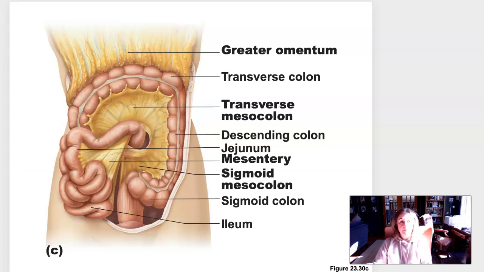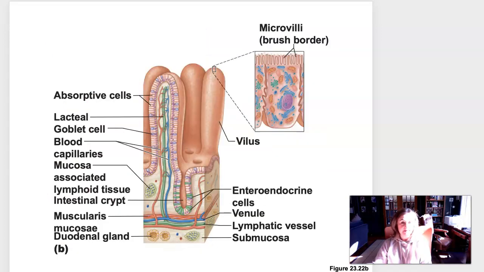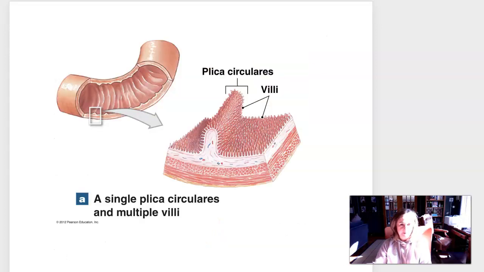So let's leave the small intestine in general and take a closer look at the wall of the small intestine. Here is a picture that is zeroed in on the mucosa. Actually, before we get that close, let's take a look at this picture. In this picture we can see that the mucosa of the small intestine is similar to what we saw with the stomach.